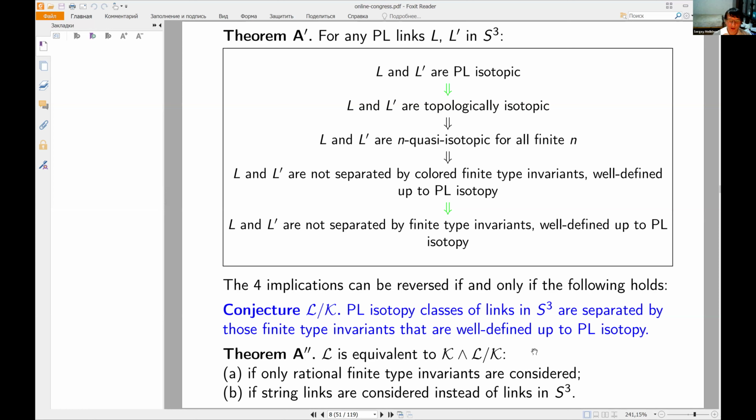Almost means that this works if you consider only rational finite type invariants. And also this works for string links. For closed links, there is no proof, it's an open problem. So if you believe in this equivalence for closed links, then this theorem A can be stated much easier without using string links.